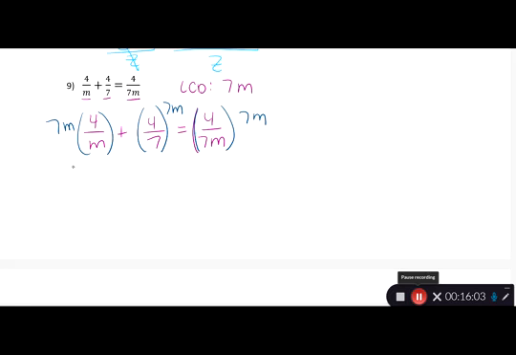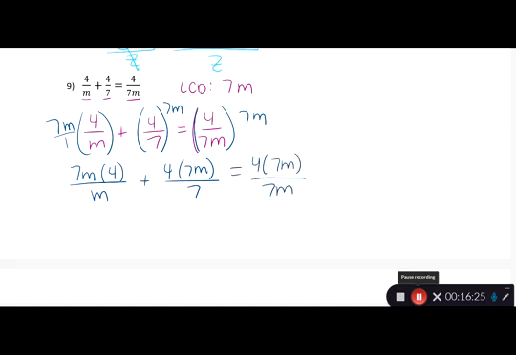What I'm going to do is write 7m times 4 over m, right? See, I just put it over 1 and you multiply straight across, but I didn't actually multiply it out. I just wrote it next to each other. Plus 4 times 7m over 7, same thing, equals 4 times 7m over 7m.